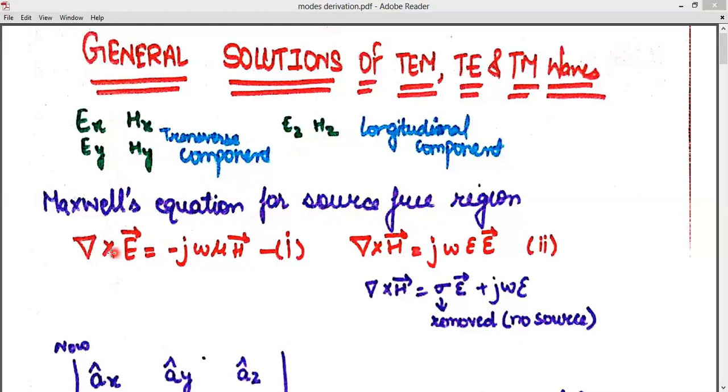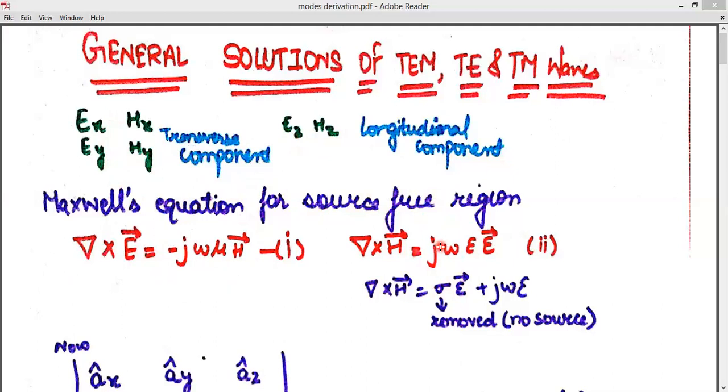We know this equation, del cross E equals minus j omega mu H. This we will assume as the first equation, and this as the second equation. This is Maxwell's second equation. How did we write this equation? We have removed this sigma as we are considering no source. That's why we considered this equation.